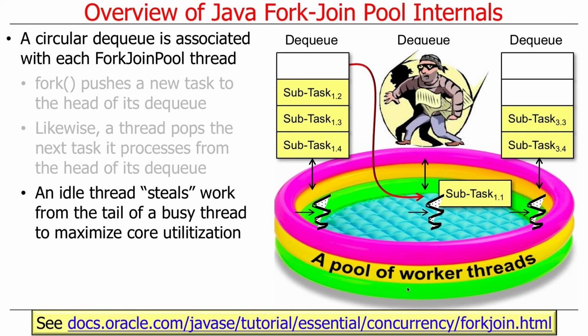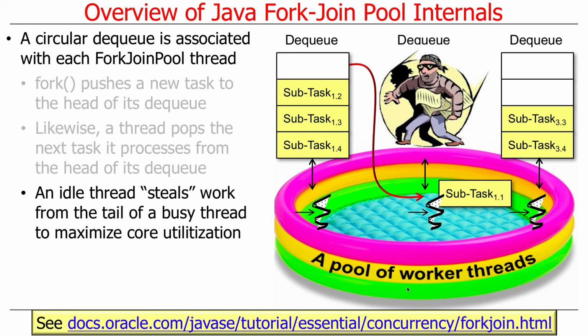But a deque is chosen at random, and the idle thread will steal work from the tail of another thread that has stuff on its queue. And that, of course, also begs the question, why does it steal from the tail? And the reason it steals from the tail, of course, is that by doing this, the implementation can have a lock that protects the tail and a lock that protects the head.